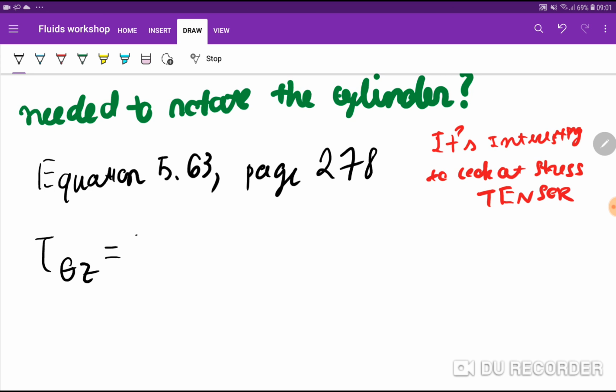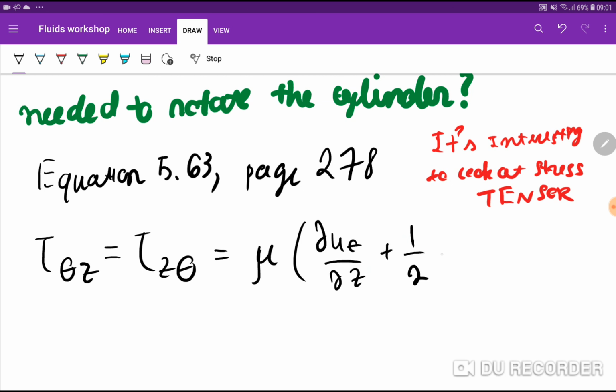So this is equal to tau z theta, which equals mu times the partial of u theta over partial z plus 1 over r times partial uz over partial theta. What happened to this component? You notice two things. Number one, uz is 0, so this term cancels out. Let me write in blue: uz equals 0.